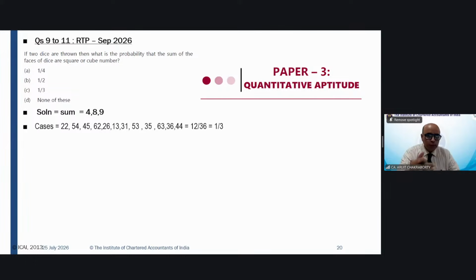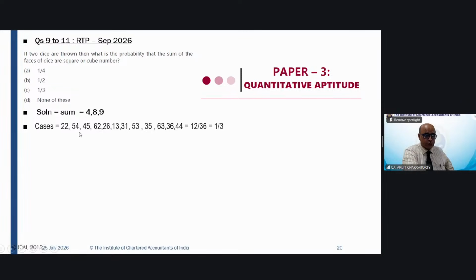So now we break it down into elementary events. From composite to elementary events, 4 we can get when you have 2, 2. Both the dice show you 2. 9 I can get if I get a 5 and 4, or it can be 4 and 5.